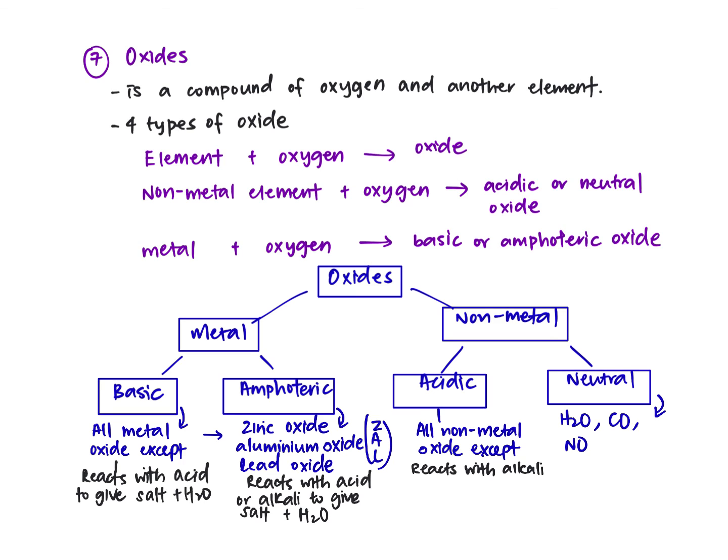The result is the same, they will still give salt and water. As for acidic oxide, it reacts with alkaline to give salt and water. For neutral oxide, it does not react with acid or alkaline. So this sums up the 4 types of oxides and the whole chapter on acids and bases.